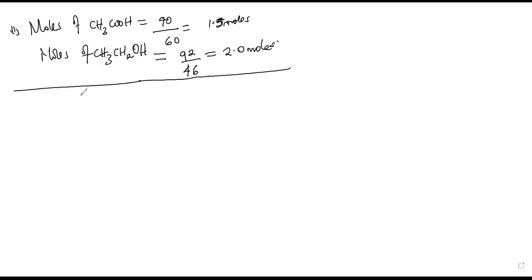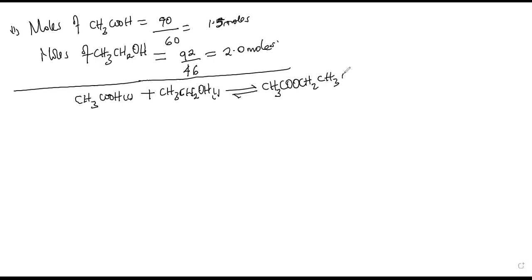So if we are to generate from the equation again, this is ethanoic acid plus ethanol to form ethyl ethanoate and water.